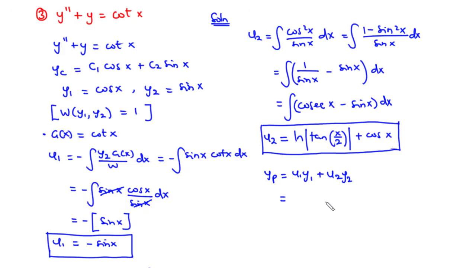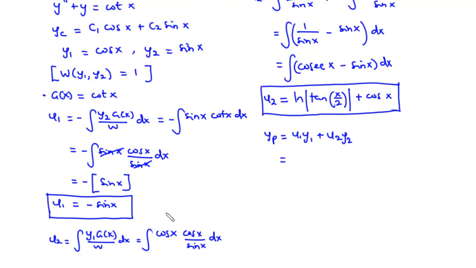Now we have u1 giving us negative sine x, and then y1 is cos x, so times cos x, plus u2 giving us ln of tan x over 2 plus cos x, times y2 which is sine x, so times sine x.